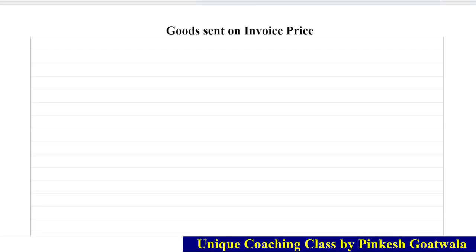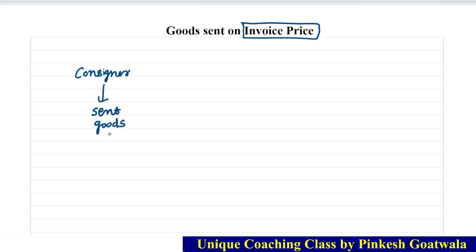Students, today we are going to understand the most important point in this chapter on consignment business, that is invoice price. Let's understand what invoice price is. We all know that the consignor sends goods to the consignee.